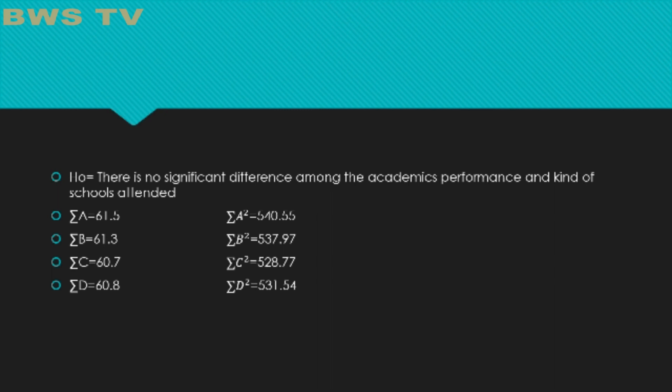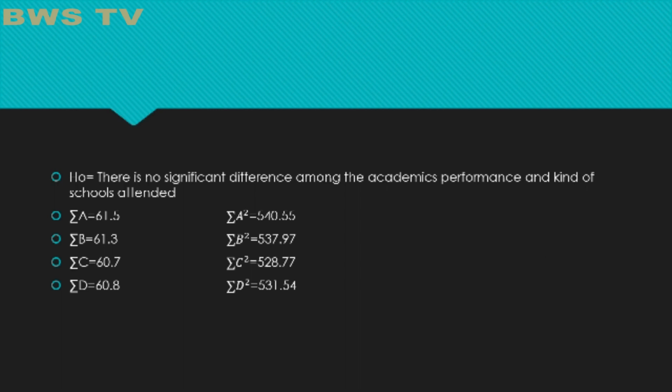After adding the rows A, B, C, D, A squared, B squared, C squared, and D squared, the summation of A is 61.5, summation of B is 61.3, summation of C is 60.7, summation of D is 60.8.